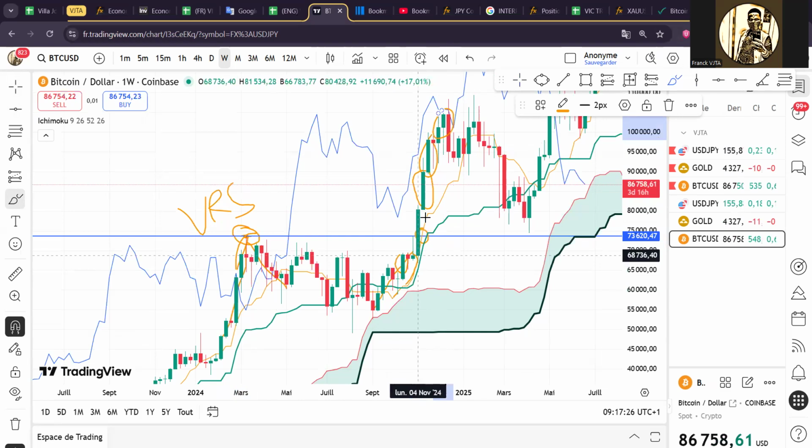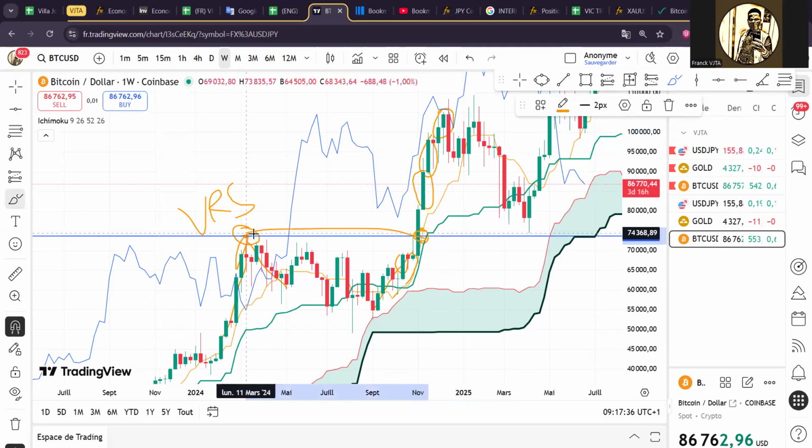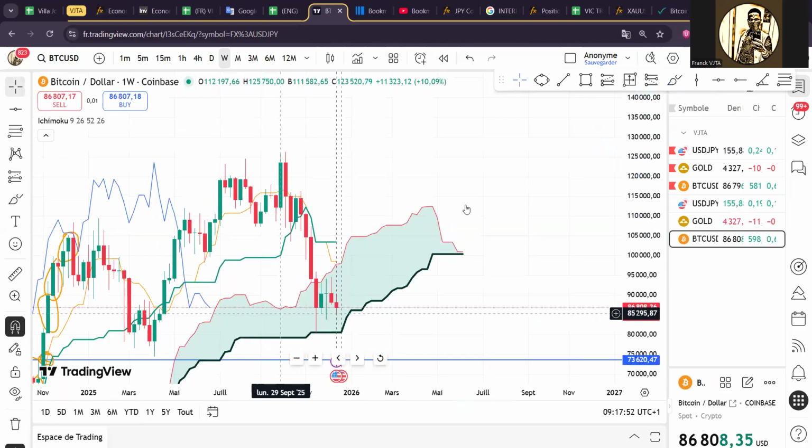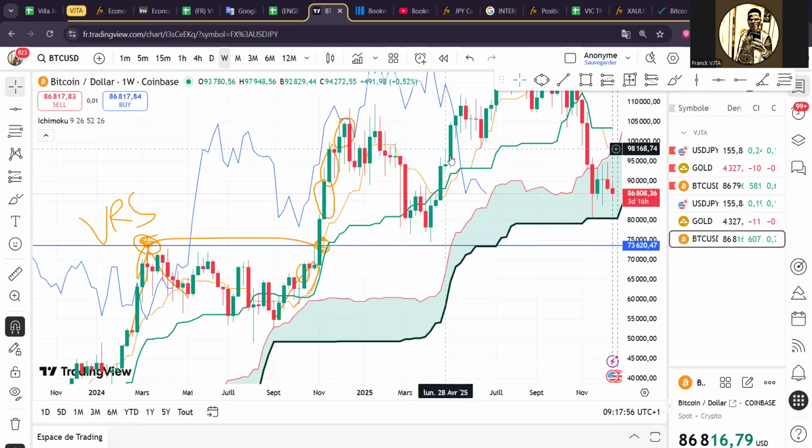So at this level, the move has already gone too far. So the market must reverse as soon as Tenkan reaches the same level as this left wick. So that is one technique, right? You often see the market reverse as soon as Tenkan meets this resistance going to the upside. But sometimes, as soon as Tenkan meets this resistance, the market kept going to the upside.